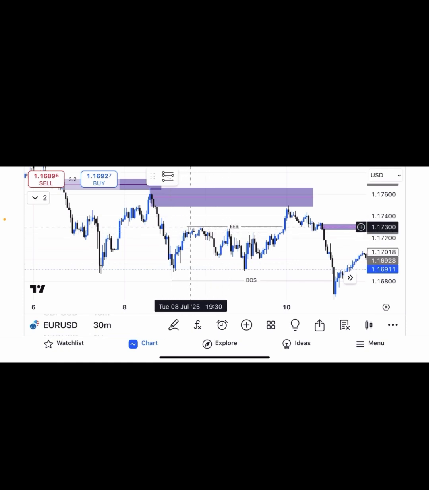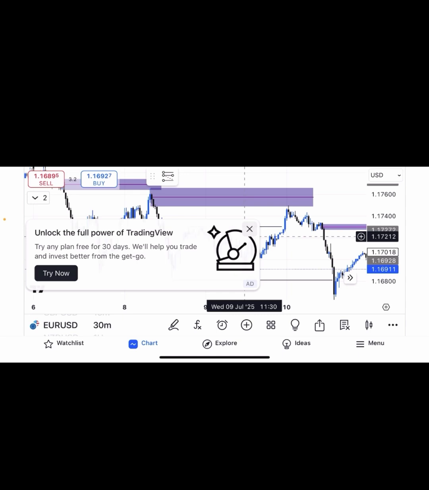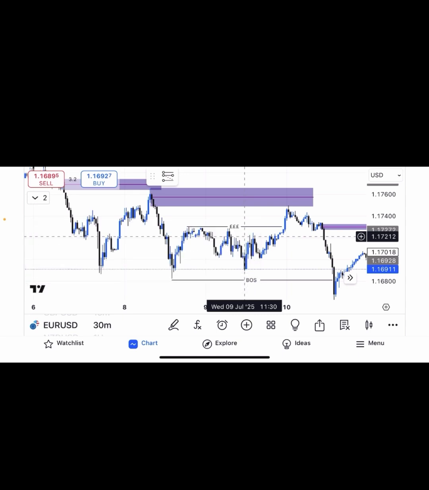This liquidity, rejections. Now, why did price create it? It created it so that it will have some sort of reasons or some sort of magnetism to go to your POI, to head down or to head up to your POI or your order block.